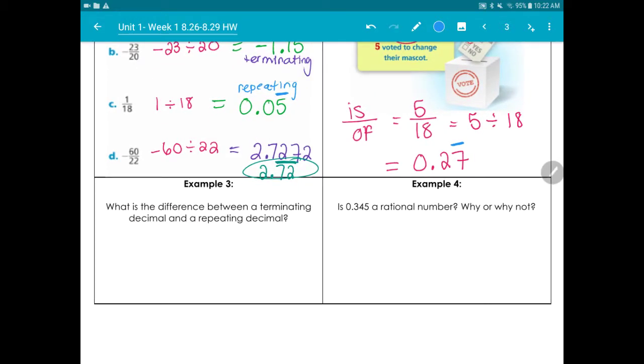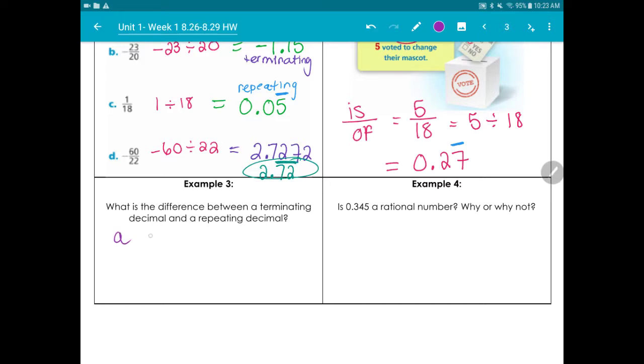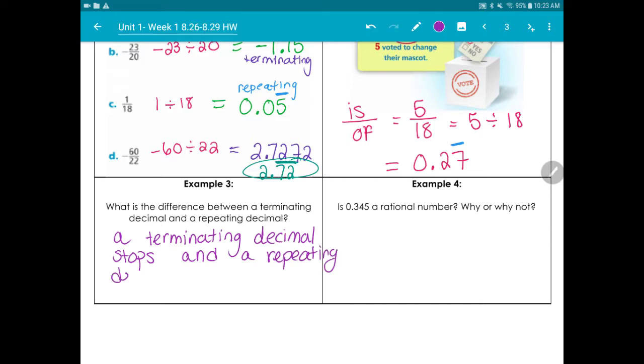All right, so example 3, let's recap. What is the difference between a terminating decimal and a repeating decimal? So a terminating decimal stops, and a repeating decimal goes on forever.